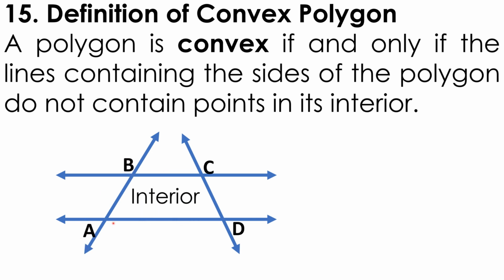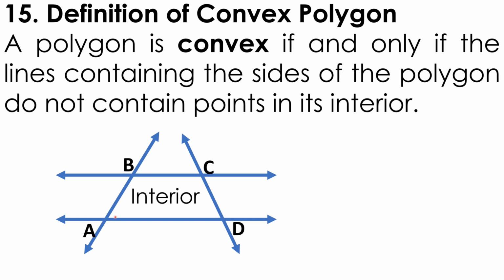So we have here point A, point B, point C, and point D. These 4 points are what we call the points of intersection. Now, inside is what we call the interior, since point B to point C to point D to point A, and point A to point B forms a polygon, and its interior does not contain points.